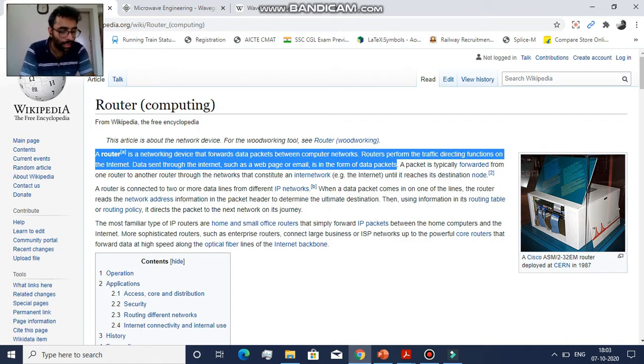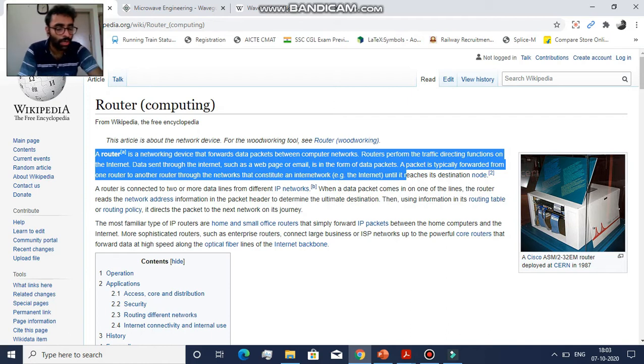So whatever content you try to fetch from the internet, whether it may be a web page or an email, it is sent with the help of data packets, and a packet is typically forwarded from one router to the other router till it reaches the destination network. Until it reaches the destination node from where it has to fetch the data.